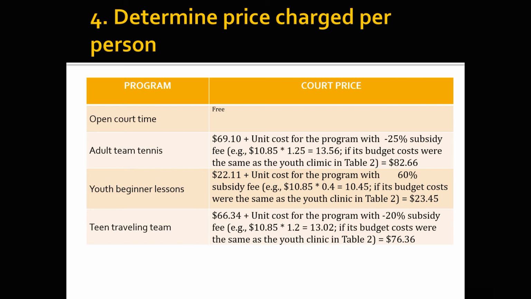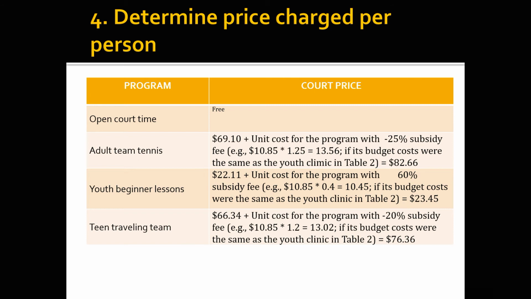So I'm going to be adding a 1.25 subsidy. So I take my 10.85 times 1.25 is $13.56. That's what I have to charge per person to cover my program costs plus an additional 25%, assuming this was the same budget as the youth clinic.